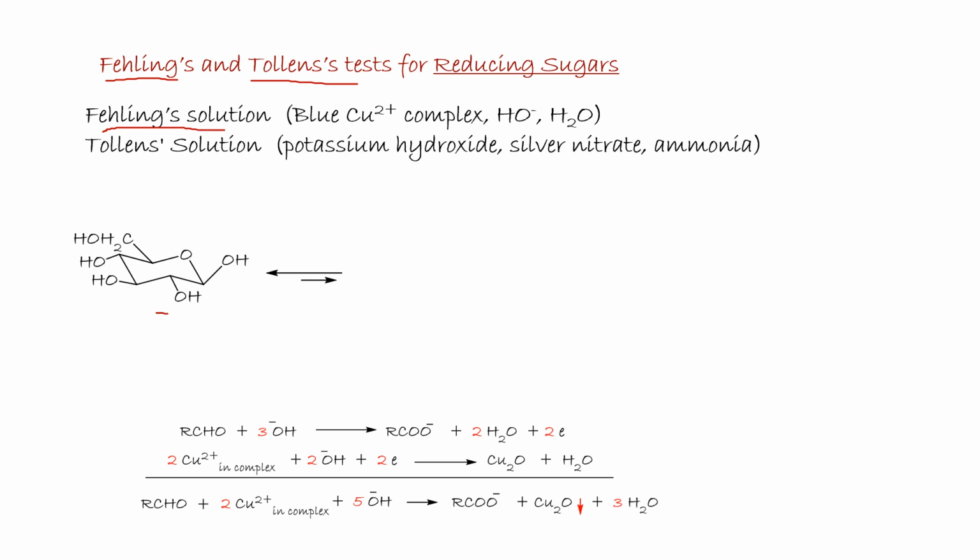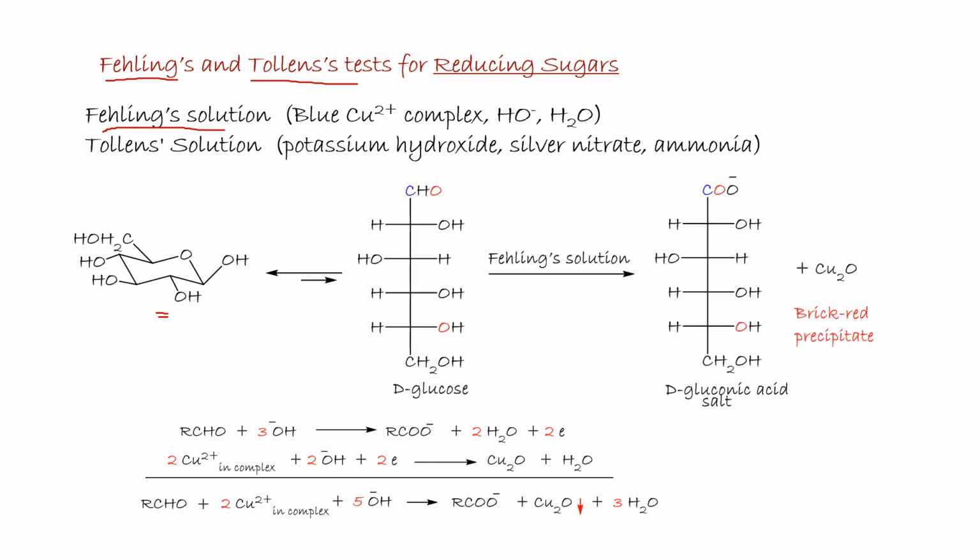For example, here we have glucose, which exists in cyclic and open structure. The open structure has free CHO, which will be oxidized to carboxylate, and the Fehling copper 2 will be reduced to copper 1 oxide as a brick red precipitate.